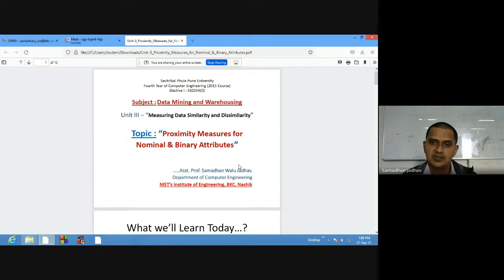In that lecture we have seen the cosine similarity measure as well as Euclidean distance. Using cosine similarity, we can find out the similarity between documents which are represented by document vectors.